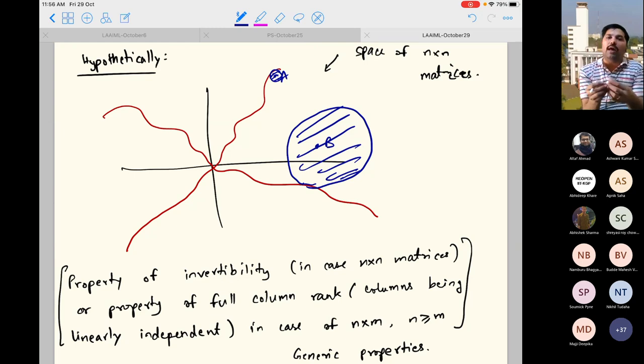So how far you are from the set of non-invertibility is really the key question to ask here. Because if you choose any matrix randomly, the matrix is almost always going to be invertible, or the matrix is always going to be full rank. So the key question to ask is how far away you are from losing this property of full rank. Do you understand this?